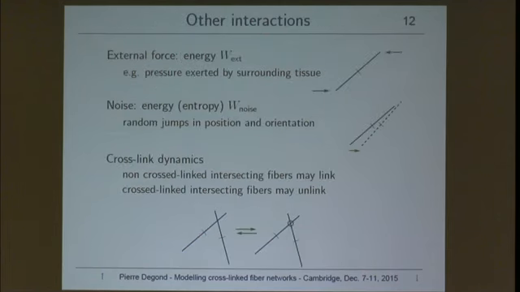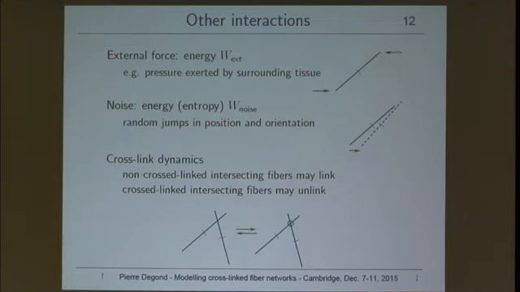Okay, so there are other interactions. I suppose that there is an external force to set the system into motion, such as the pressure exerted by the surrounding medium, could be the pressure exerted by the cells, by the adipocytes in my adipose tissue model, and that's contained in the energy W external.